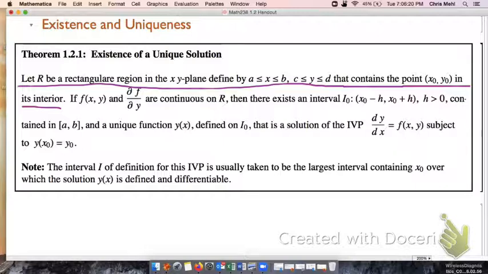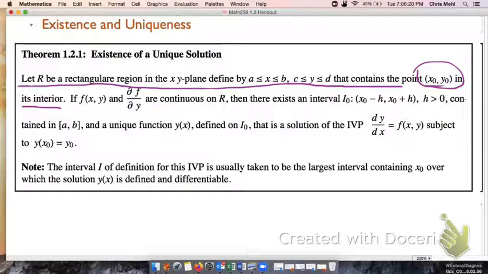Now, that rectangle is going to contain a point, x0, y0, in its interior, and you want to think of this point as the point that results from your initial condition. Certainly x0 is going to be the value used in almost all of your initial values.